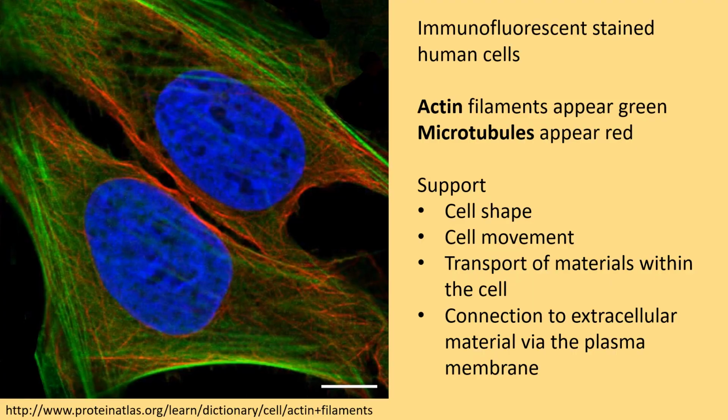We have these amazing stains that allow us to see very specific subcellular structures. What you're looking at here is a photomicrograph, a photograph taken through a microscope of two cells, and they have been stained using several different immunofluorescent stains. One of these stains will bind to a very particular molecule within the cell.